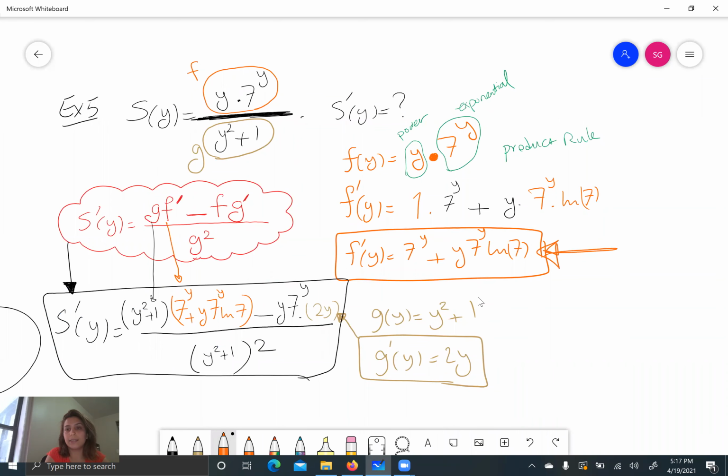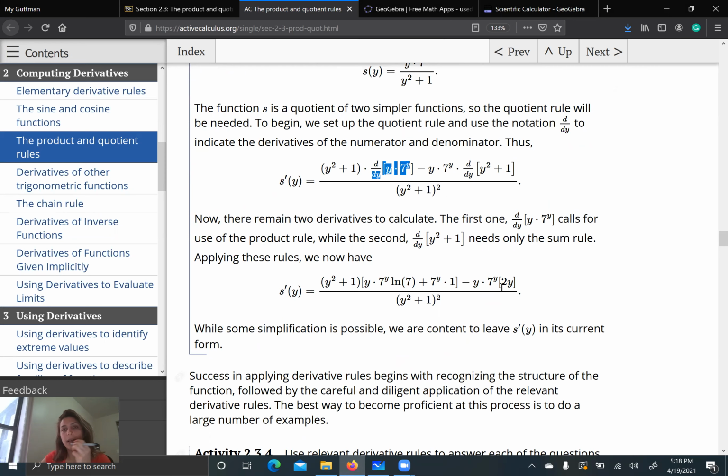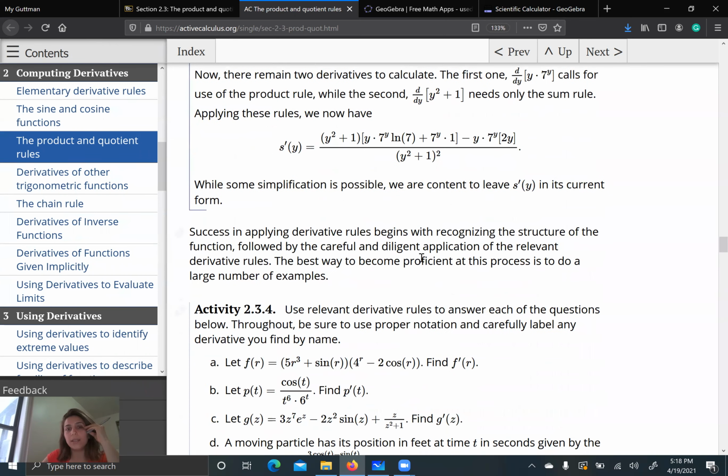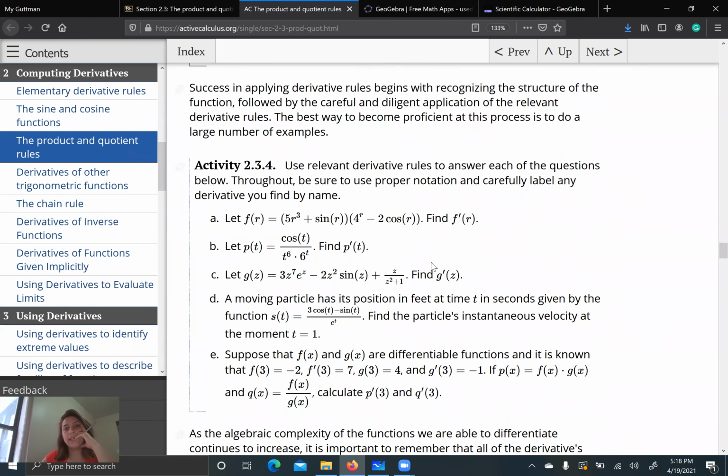We calculated that over here, and then it's substituted into the rule, and also the derivative of the denominator. So I just wanted to show you that you can use prime or you can use this notation, but either way, it doesn't matter what notation you use, as long as you understand this rule and apply it carefully.